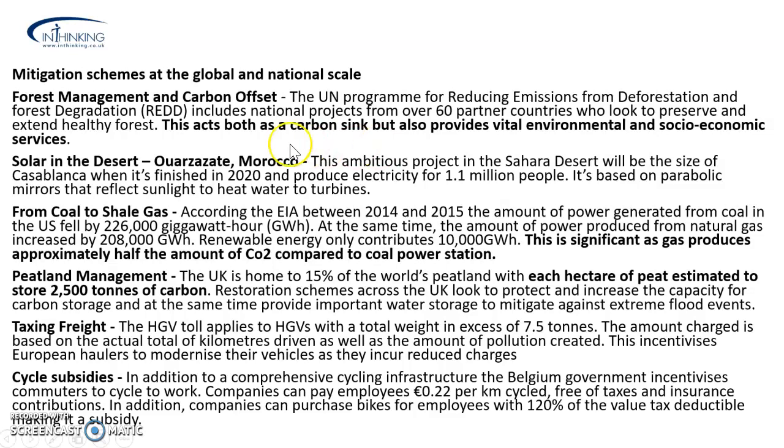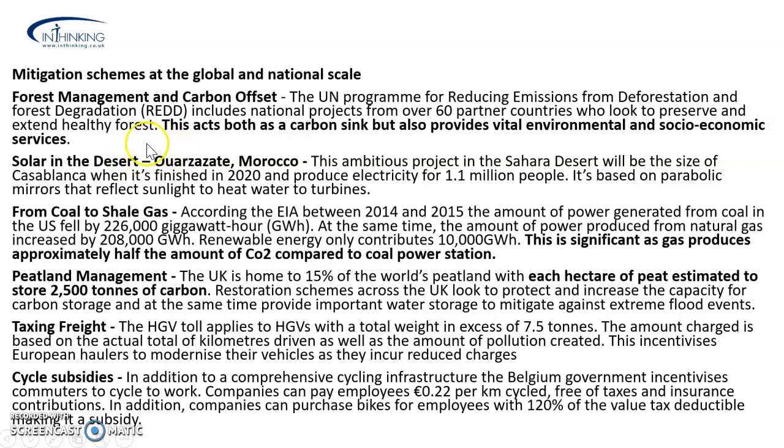And of course, in doing this, they increase the carbon sink role of forests. And it provides vital environmental and socio-economic services. And so, actually, I'm going to come back to a point here later about decentralization and the importance of community-led projects.